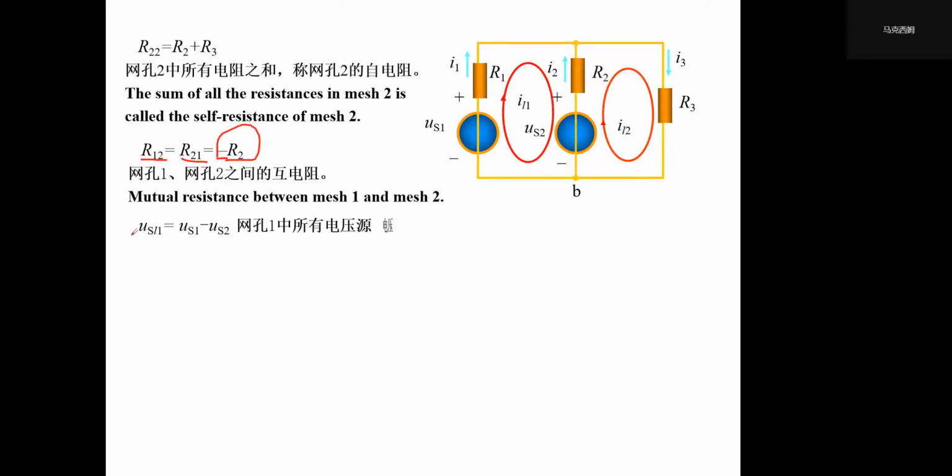And USL1 is the algebraic sum of the voltage sources in the first mesh.